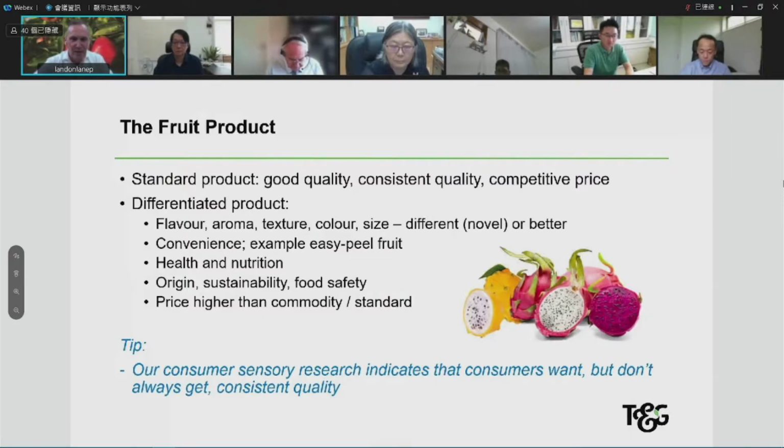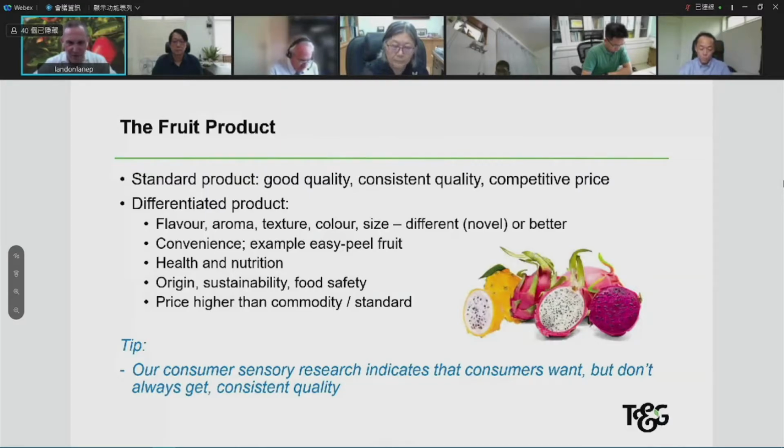Health and nutrition, something that has more health and nutrition benefits or characteristics for consumers. Origin, sustainability, food safety, something that's new or better. And if your product is good enough to have some new or improved characteristics, you should be able to achieve a price higher than a commodity or a standard product.